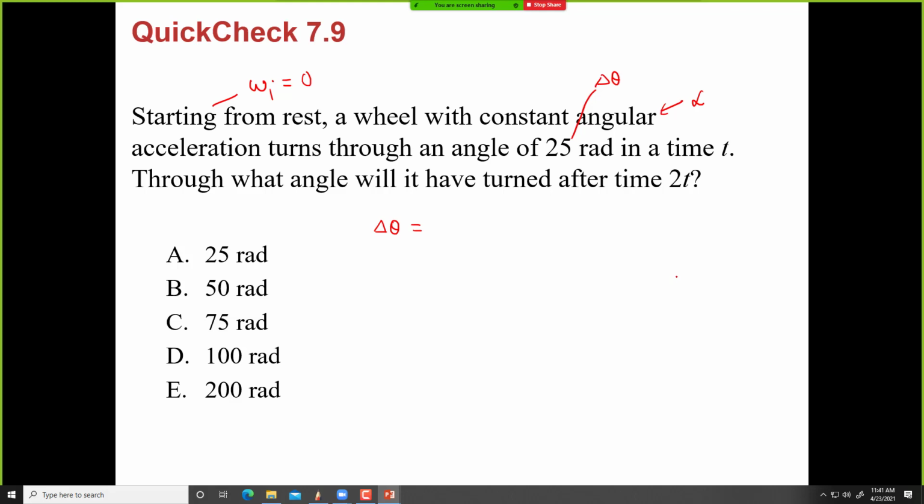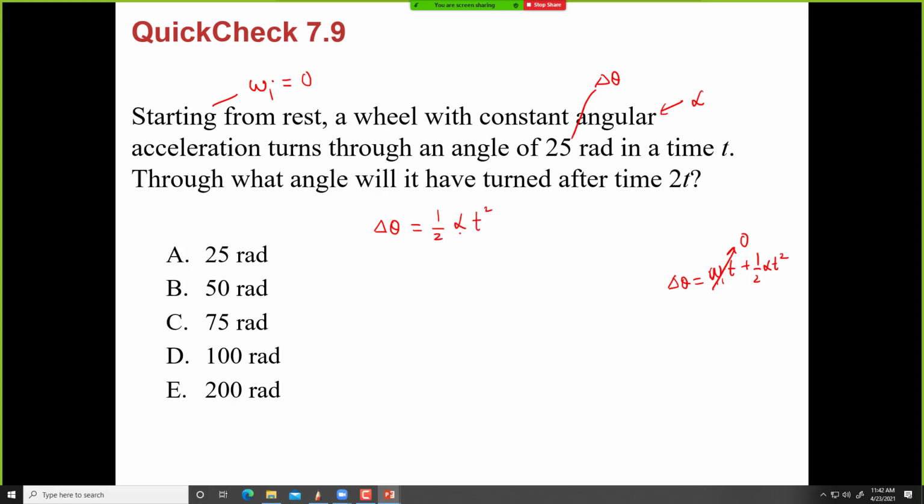Delta theta has two formulas. One is omega i t plus 1/2 alpha t squared. Initial velocity is 0, so 1/2 alpha t squared.